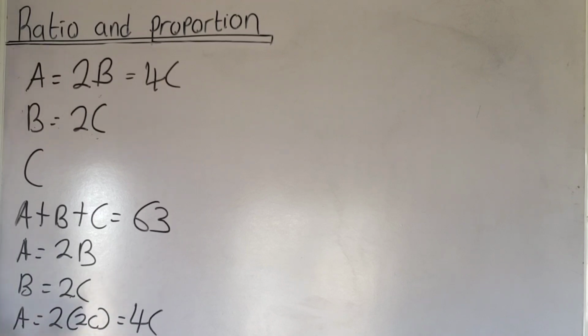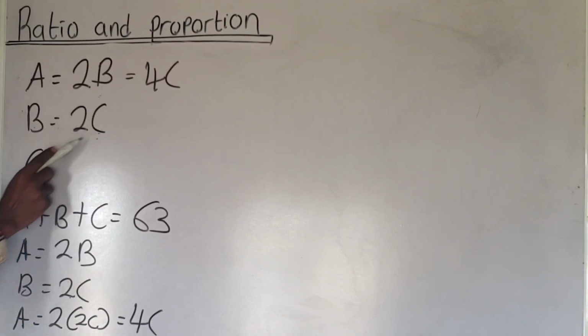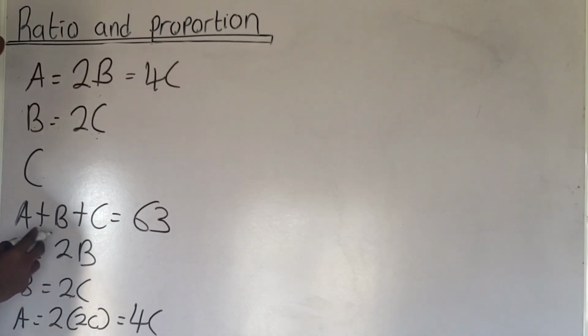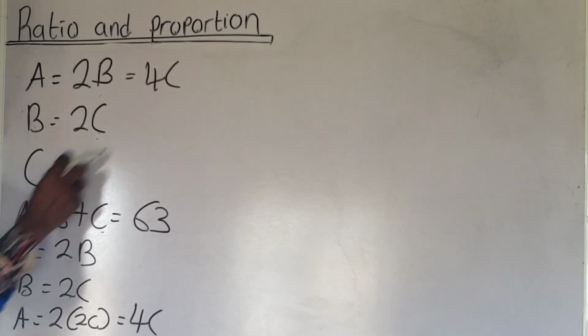Now, since I have only C, I can easily solve for the value of C. If I know the age of the third child, I can easily get the ages of A and B. So the sum of their ages, A, B, and C, is equal to 63. A is equal to 4C.